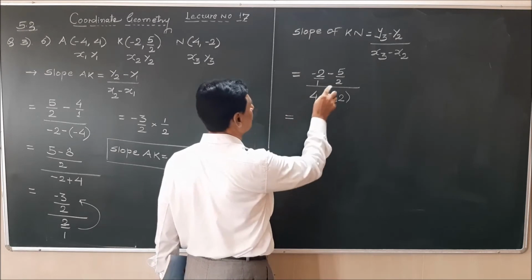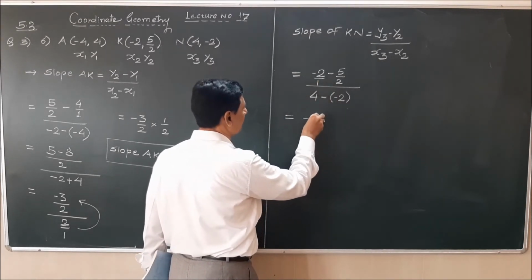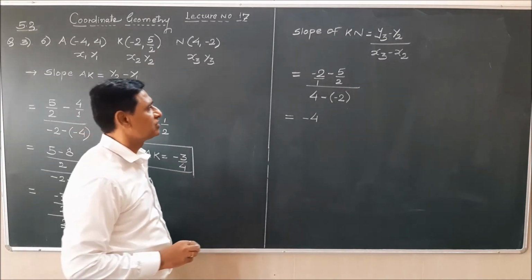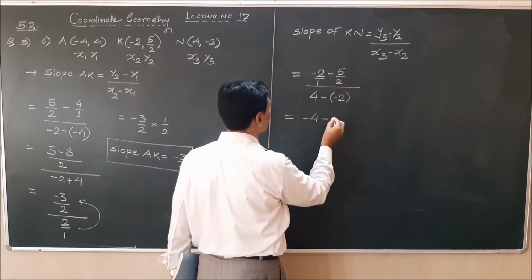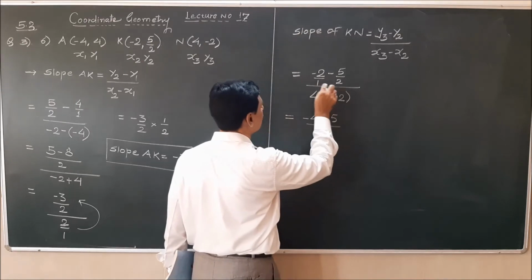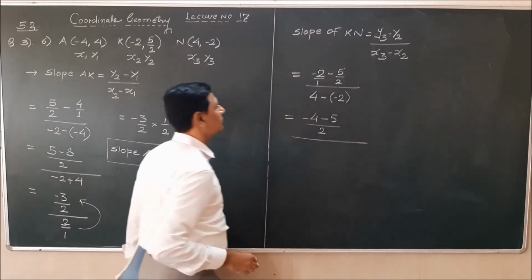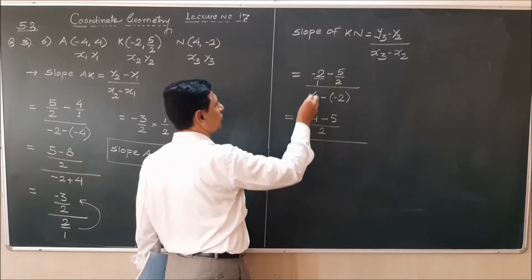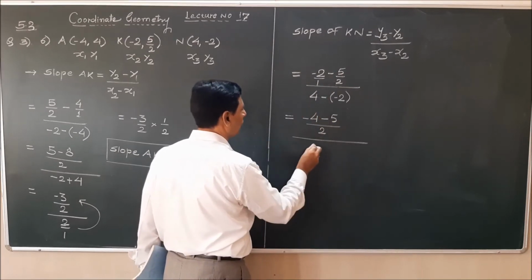That is equal to 2 into minus 2 will give us minus 4, minus 5 ones are 5. Don't forget to write 2 ones are 2. Whole divided by 4 minus of minus 2.